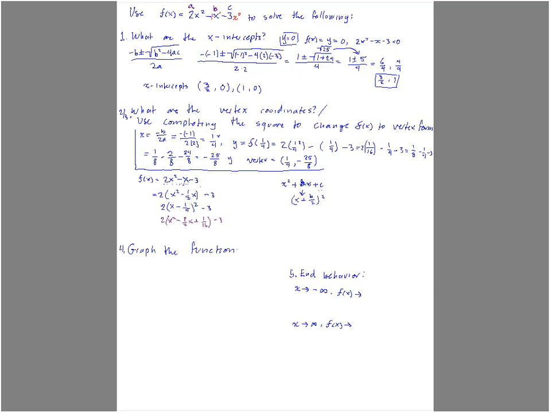And so when you factor in the 2, you get 2x squared minus x plus 1/8 minus 3. Okay, so now we have a slight problem, right? Because what that equals is 2x squared minus x minus 2 7/8, which is not what the function was originally. It was minus 3. So that means we have to subtract an extra 1/8 from that, right?